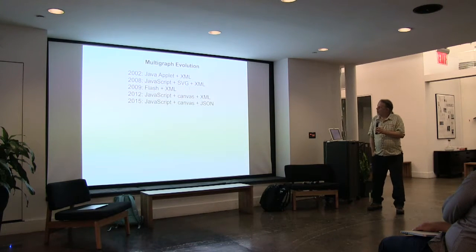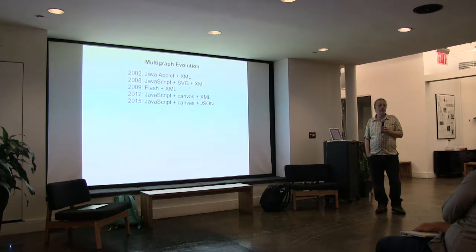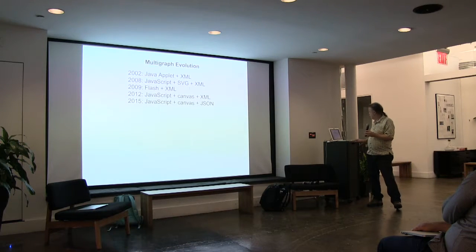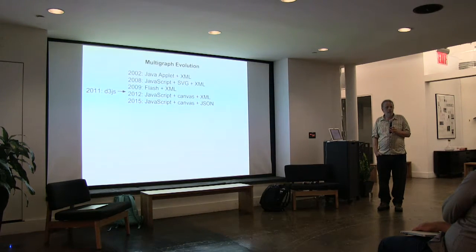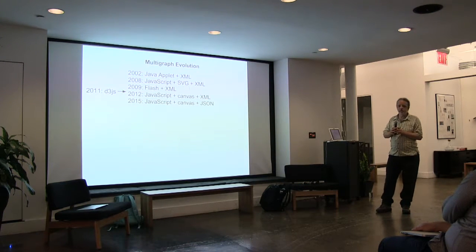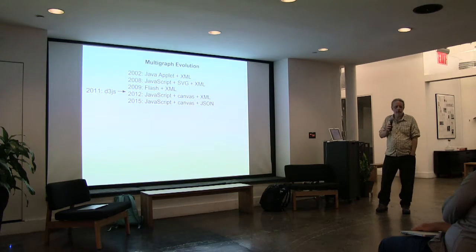So, Multigraph got started back in 2002. And on the topic of the D3 question, the other reason Multigraph doesn't use D3 is that D3 didn't exist until 2011. Over the course of the life of this project, we've rewritten it several times. In 2002, it wasn't feasible to do interactive graphics with JavaScript.